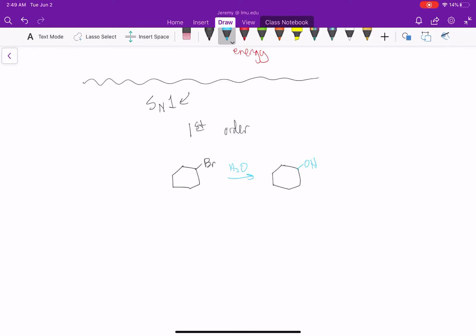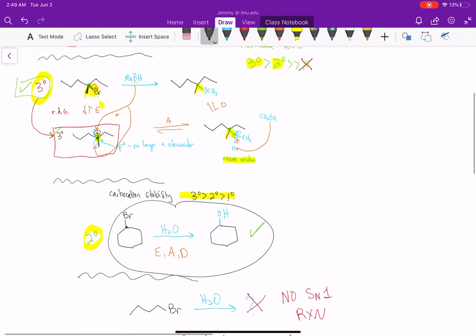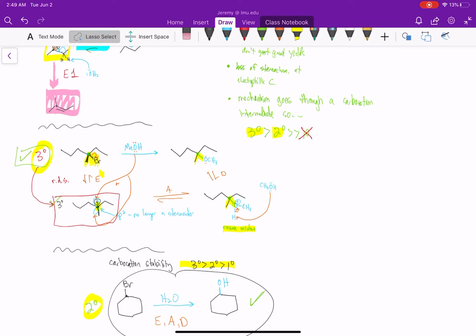We got out our alcohol as our product. So what do we know from our rate laws? The rate of the reaction is equal to our rate constant k times just the alkyl halide. First order means we only have one reagent. Why is that? When we look at our mechanism, in the first step, we have our alkyl halide, and the carbon-bromine bond breaks to give us our carbocation.